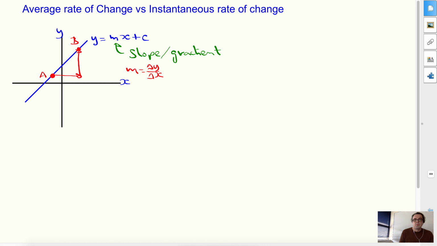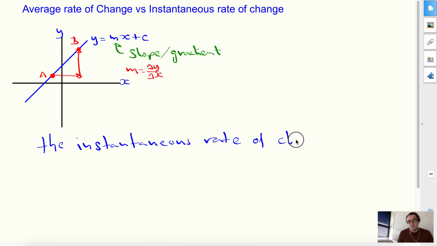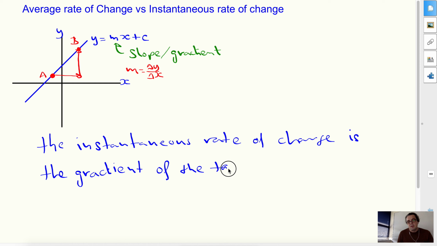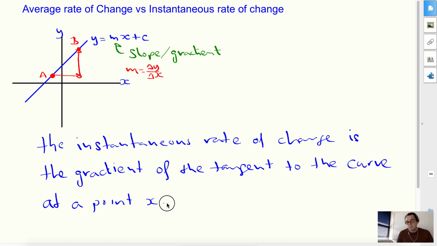So the instantaneous rate of change is the gradient of the tangent to the curve at a point where x is a.